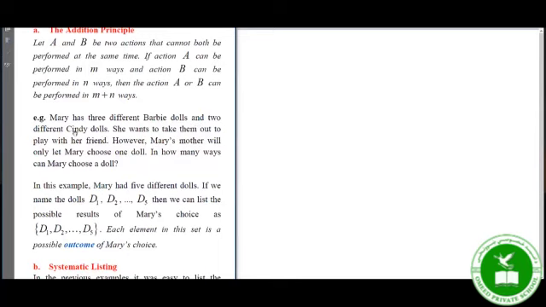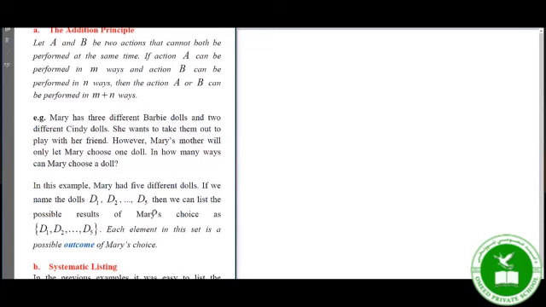If she has only the choice to take one of these dolls, how many different choices are there for Mary? You should add the number of choices: she has 3 choices for Barbie dolls and 2 choices for Cindy dolls. So the total choices, 3 plus 2, is 5.